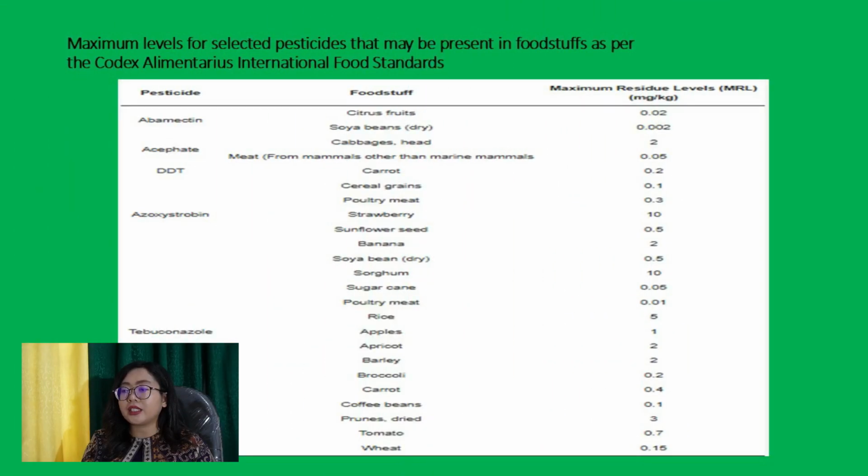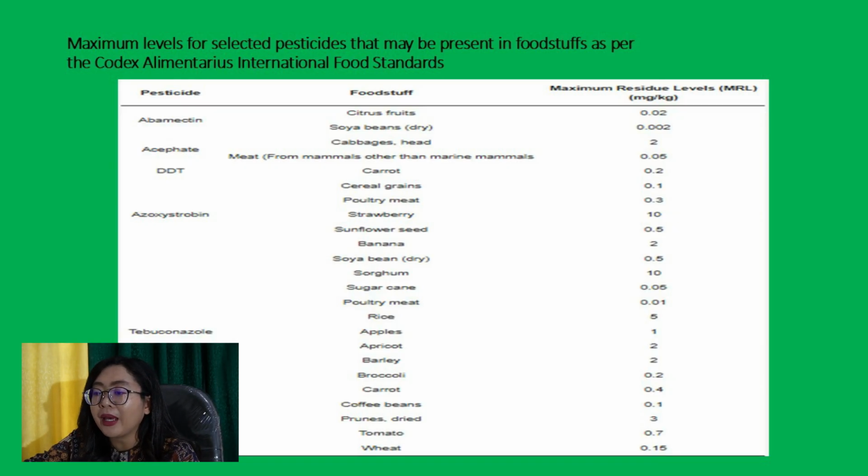So pesticides are also a source of contamination. There are maximum levels for selected pesticides that may be present in foodstuff as per the Codex Alimentarius International Food Standards. We see that for abamectin, the pesticide, in citrus fruits, the maximum residue level is around 0.02 milligram per kg.